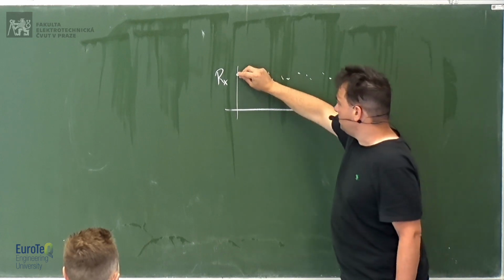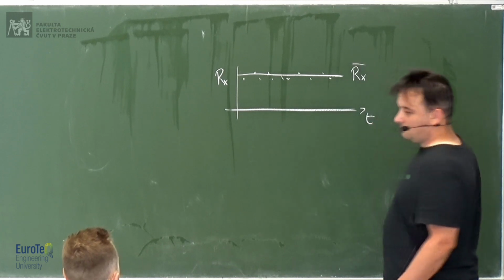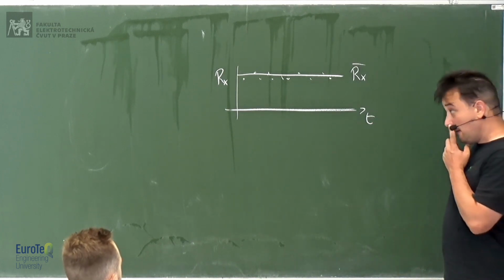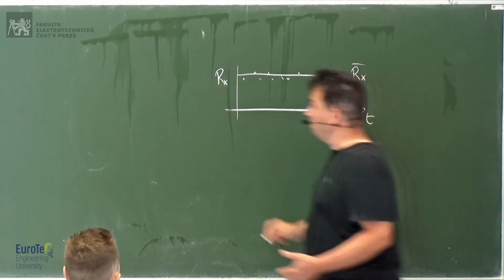So what you do is take the average of the data, and then you consider two types of situation.